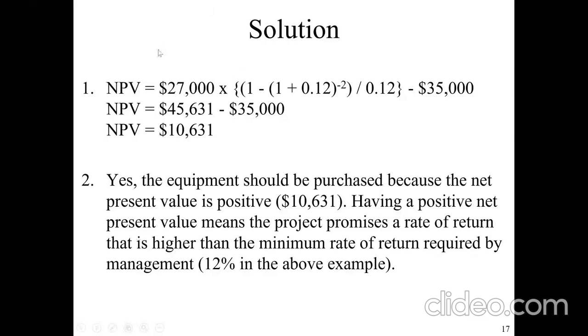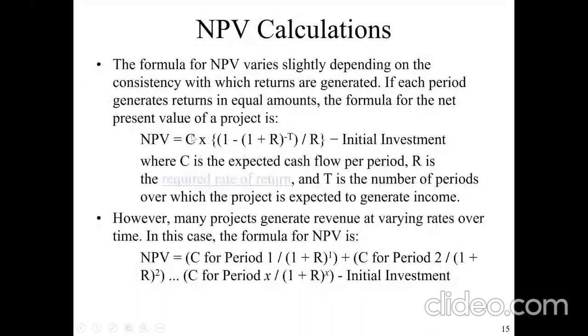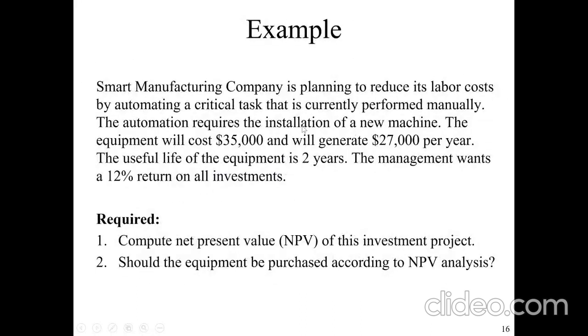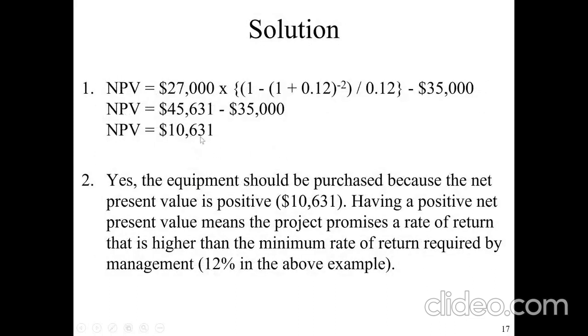Okay, so this is the formula we have used. The initial investment is $35,000. We want to get the cash inflow and the cash outflow, the difference between the two of them. And so we have gone through the NPV formula, and we know the formula is calculated as this that we have here. So now we put in all the parameters and then we calculate. And based on the positive nature of the NPV value, the judgment is that the equipment should be purchased because the net present value is positive.